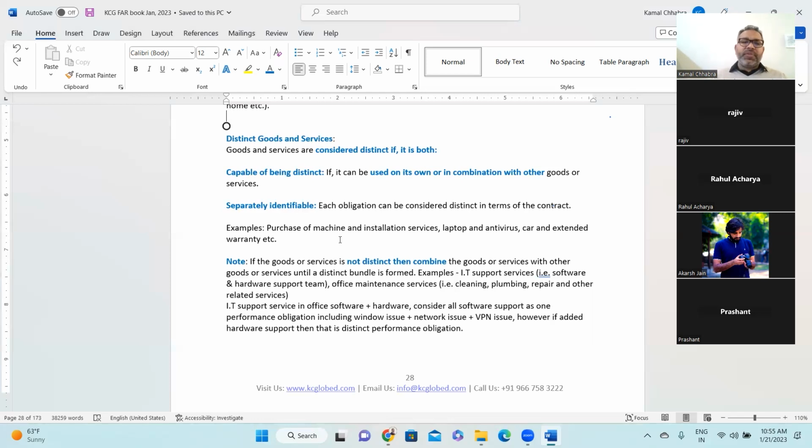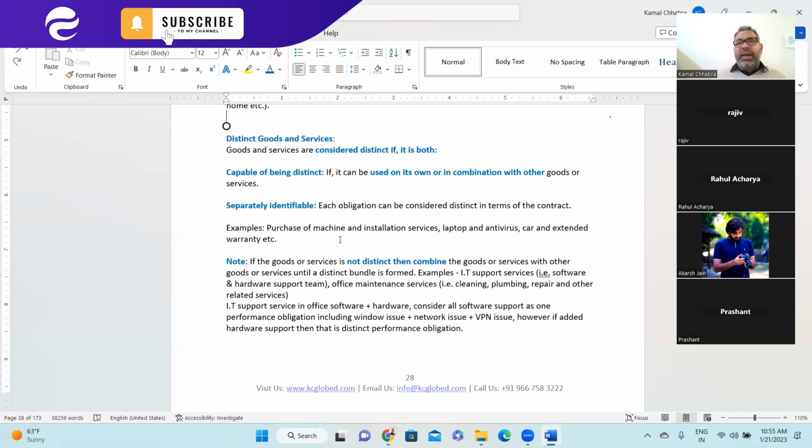For example, here we have also mentioned an example: purchase of machinery and installation services. If you are purchasing any big machinery which requires installation services, both are distinct goods and services, capable of being distinct and separately identifiable.